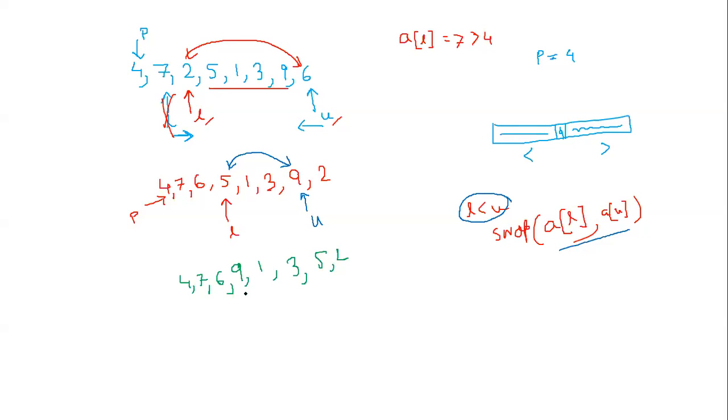Okay, so now L is pointing over here, and U is pointing over here. Fine. Now what will happen? Where will L stop? Again, L will start changing its position, and this is my pivot as it is. Now you tell me what will be the new position of L, where L should stop.